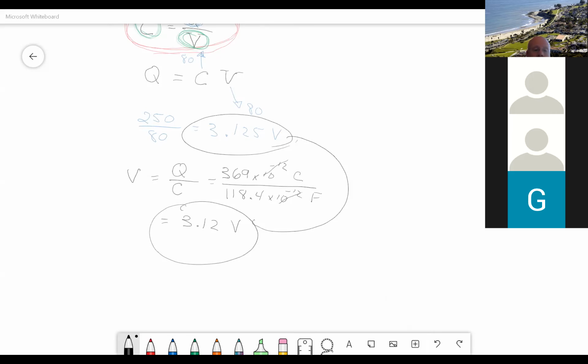Scroll down, here's 40, and there they go. They say the charge before and after would be the same, and that would be 369. And then B, they say afterwards you would have a capacitance that increased by a factor of 80, and they get 118 picofarad, and then a voltage that would decrease by a factor of 80, which would be 3.12. Nice. Okay, good.